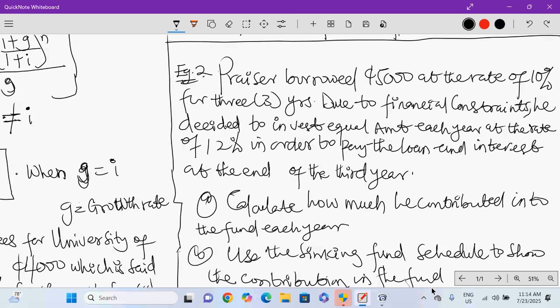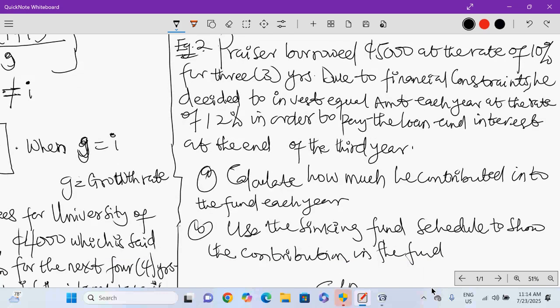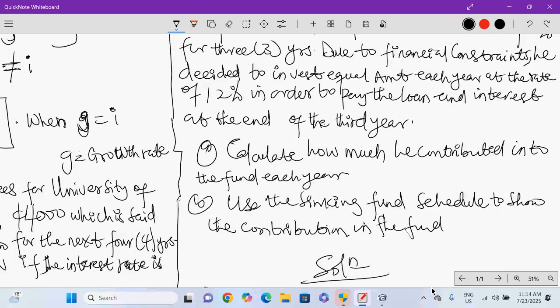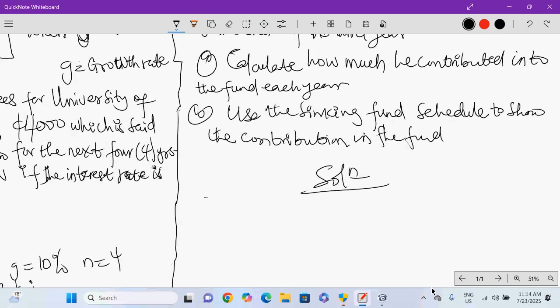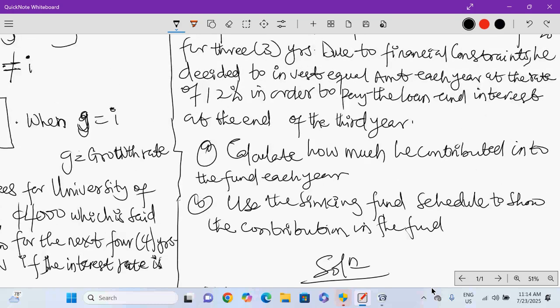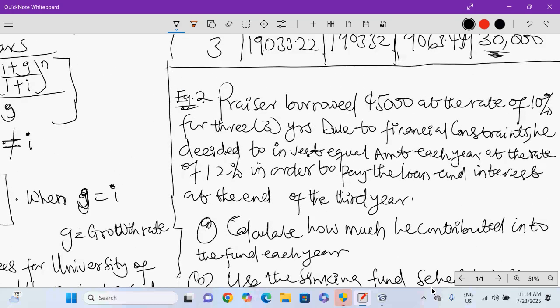Due to financial constraints, he decided to invest an equal amount each year at a rate of 12% in order to pay the loan and interest at the end of the third year. So now we have to know the future value of the loan, because he's borrowing 5,000 today, present value, for 3 years.